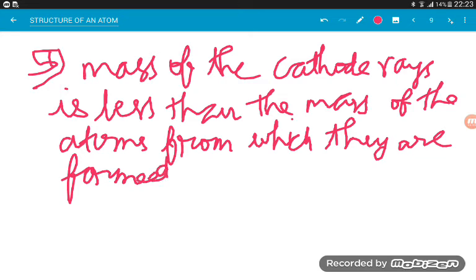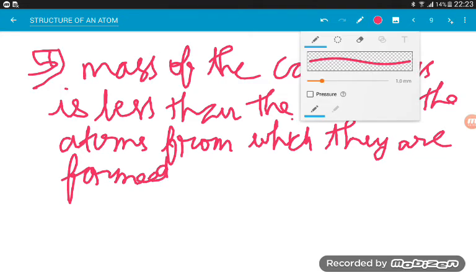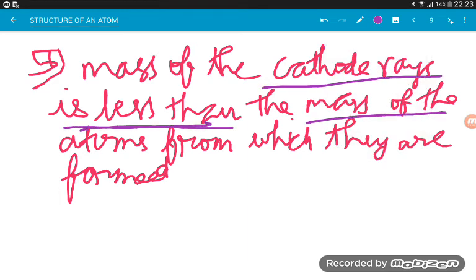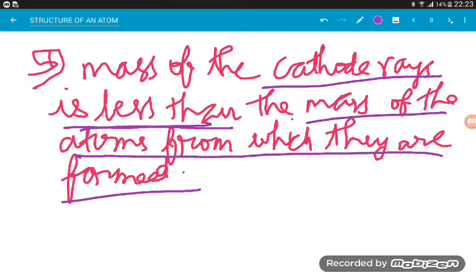So you must remember this: the mass of the cathode rays is less than the mass of the atoms from which they are actually formed. This is a very important point. The mass of the cathode rays is very, very small as compared to the mass of the atoms from which they are formed.